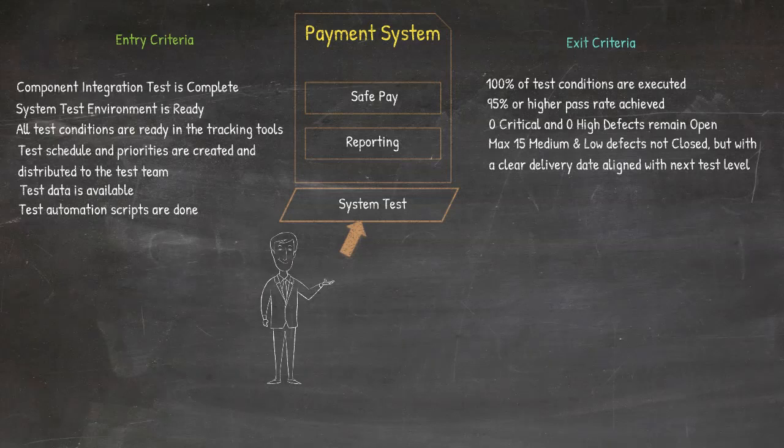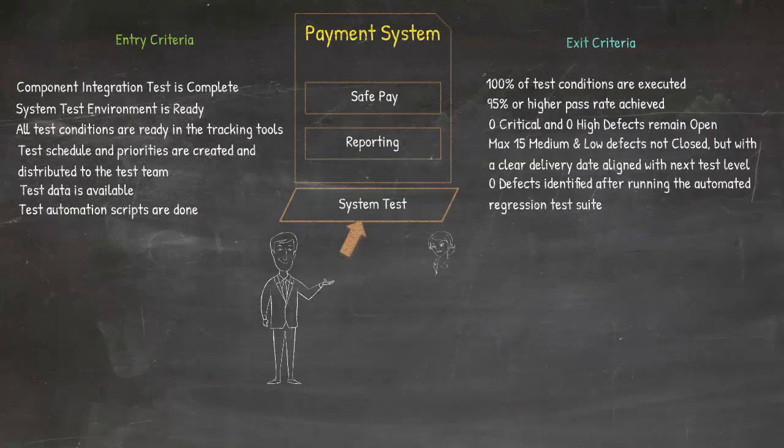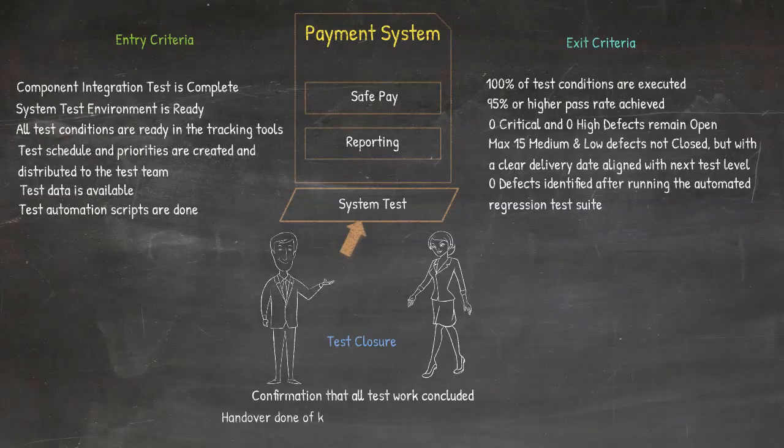And as a final item for our exit criteria, 0 regression defects after running the test automated suite. Once the exit criteria is met, the system test is ready to be closed. It is now time to confirm that all test work has concluded and hand over the key issues, risks, and any other test artifacts that were documented during this phase.